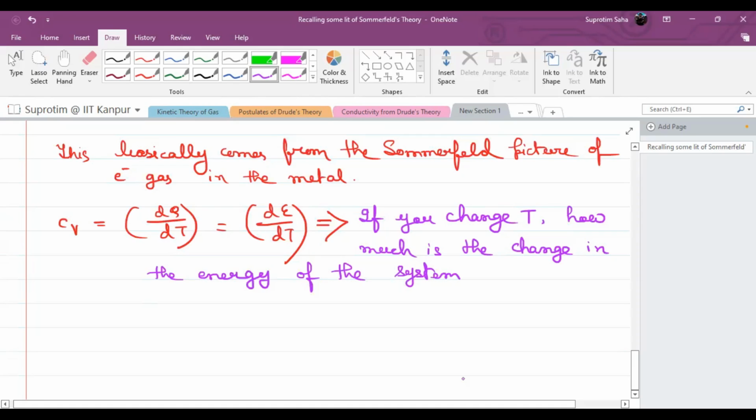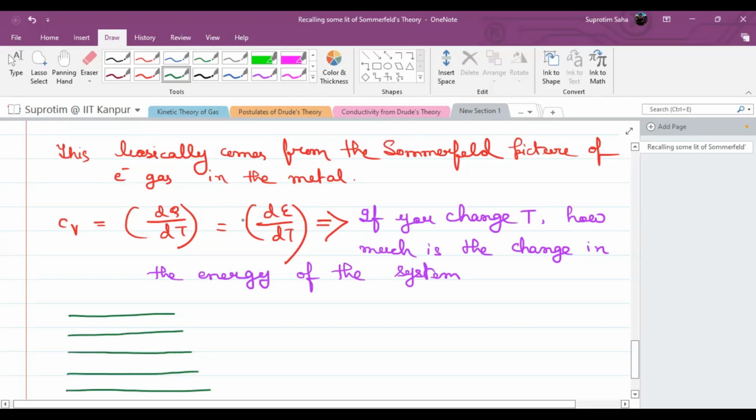And now, to clear the picture even further, read about the energy levels that the electrons reside in. These were the energy levels that the electrons reside in. Now, this will be filled up to a certain level.